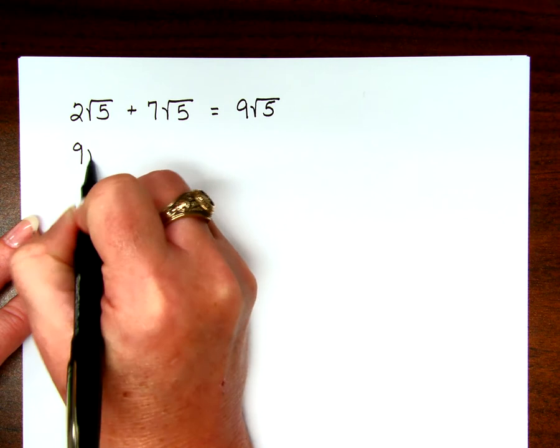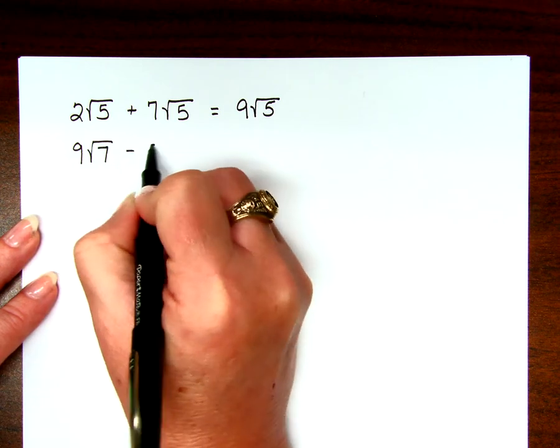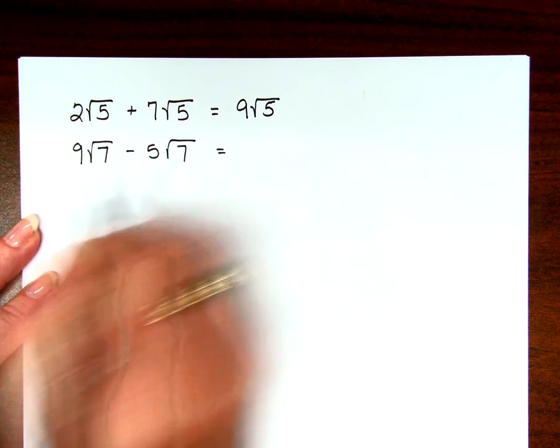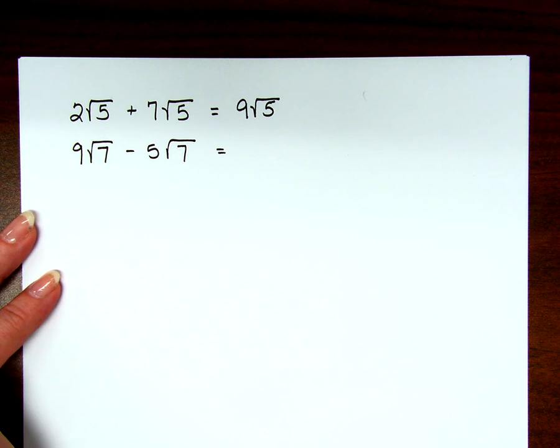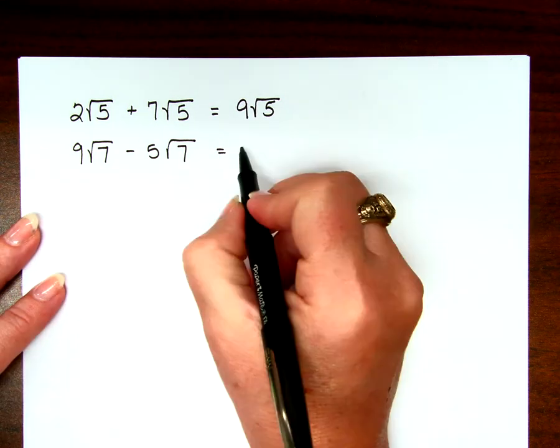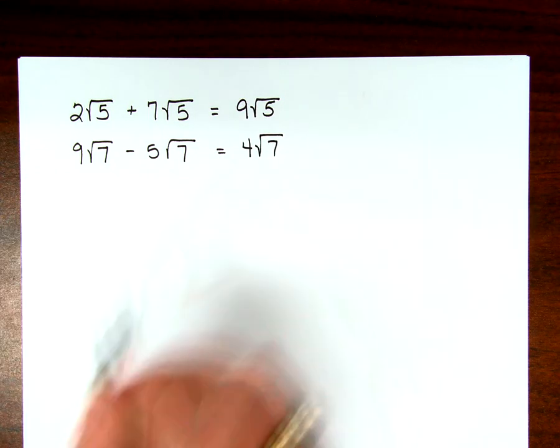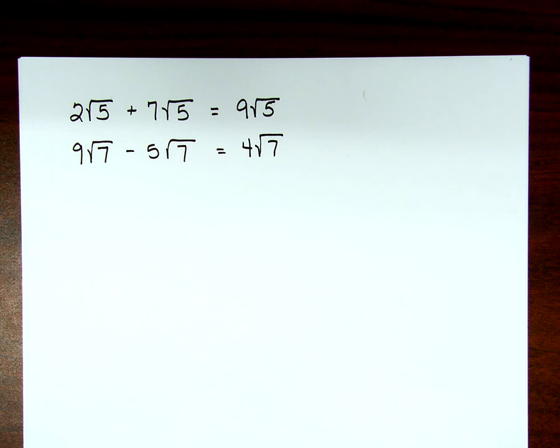What about this? Four square roots of 7. Everybody okay so far? Okay.